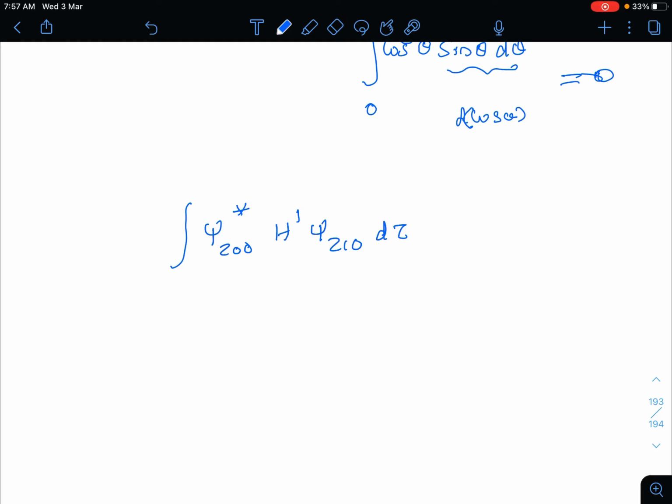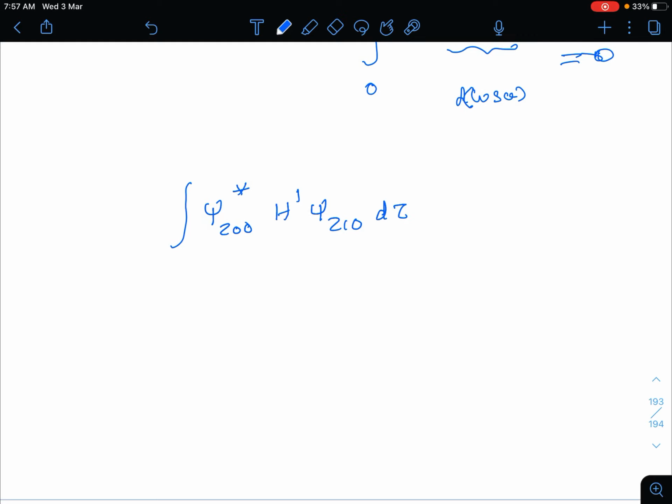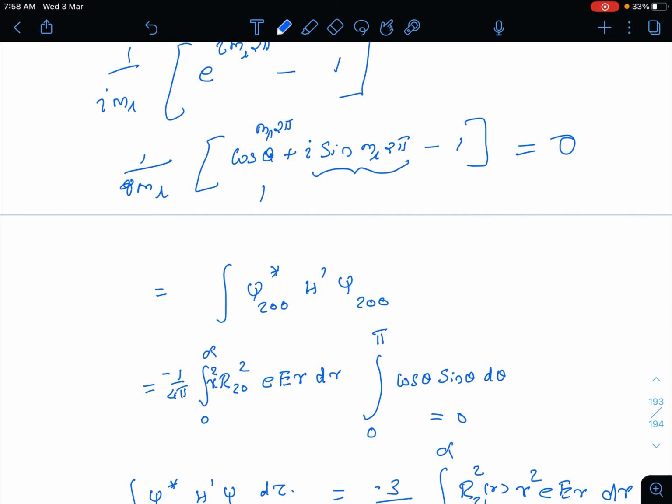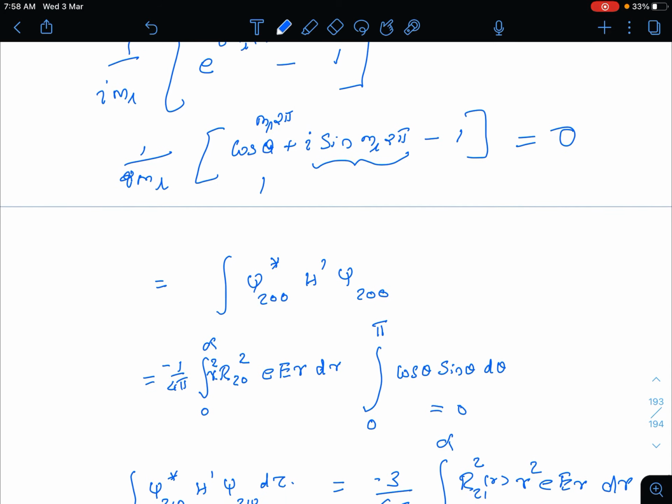So let's calculate that. So what is psi 200? Psi 200, okay, just let me check. What was psi 200? Now, since we are going to integrate it, we need to know about the function completely.